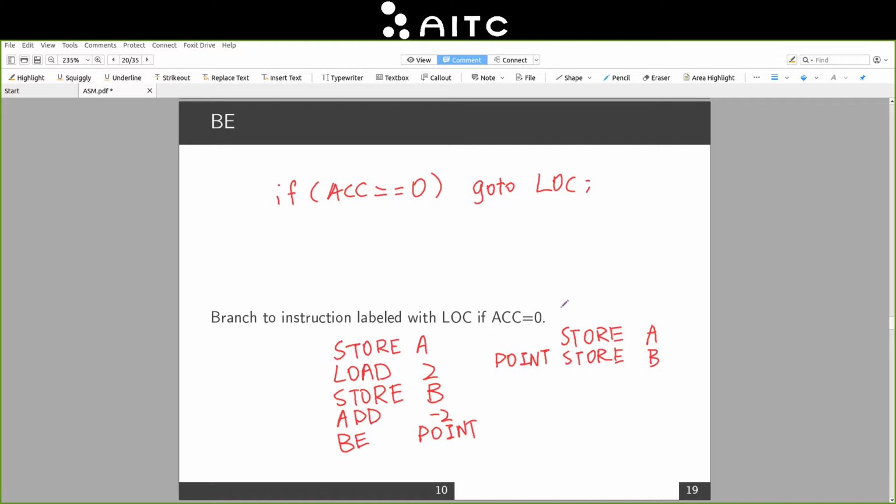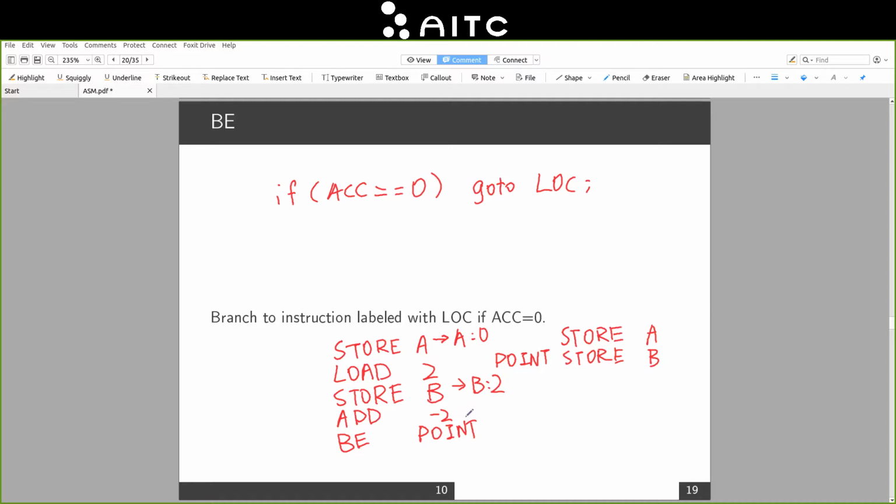Let's look at the example. Store A, load 2, store B. A is 0 because there's no operation before this. And B is 2 because the ACC is 2 for the load 2 command.